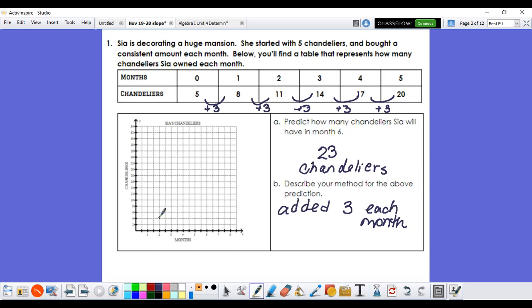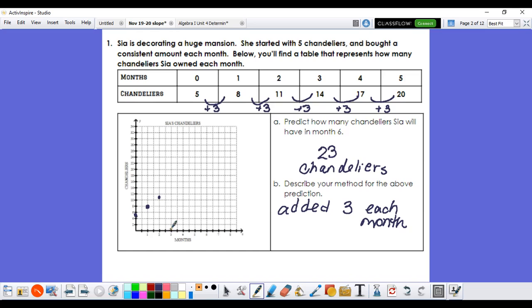Now let's go over here and look at this graph. What is this graph doing here? Well, on this graph, I can actually plot the points. So at 0 months, she had 5. And after 1 month, she was already up to 8 chandeliers. And after 2 months, she had 11.